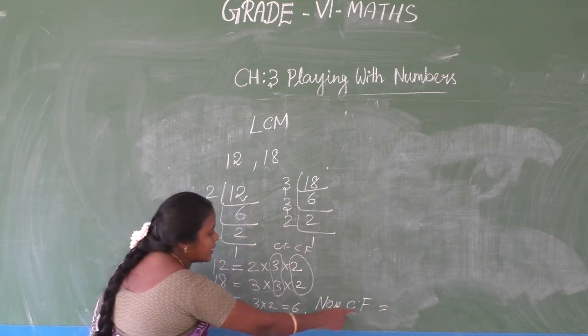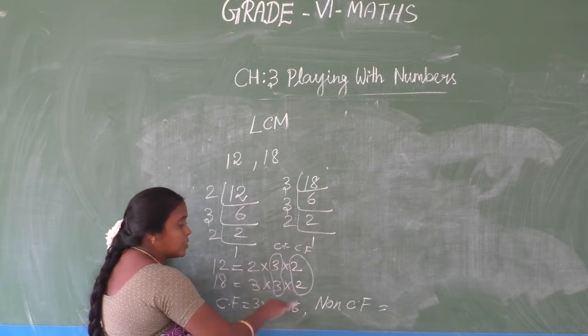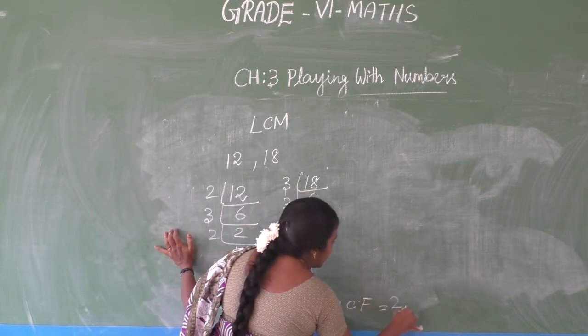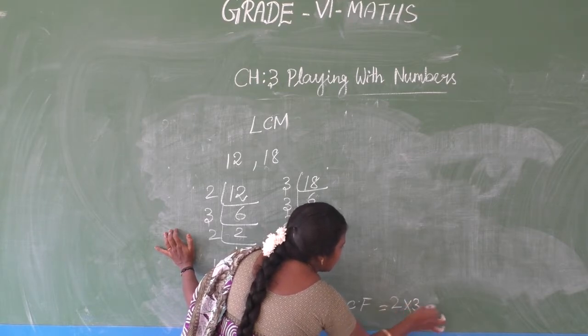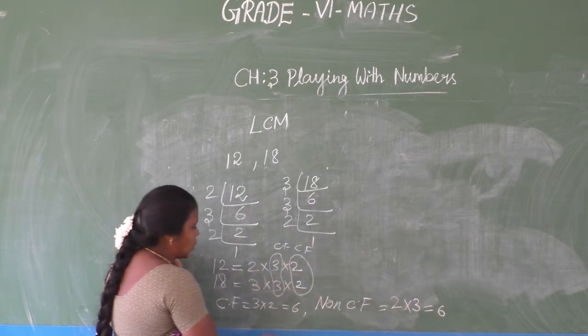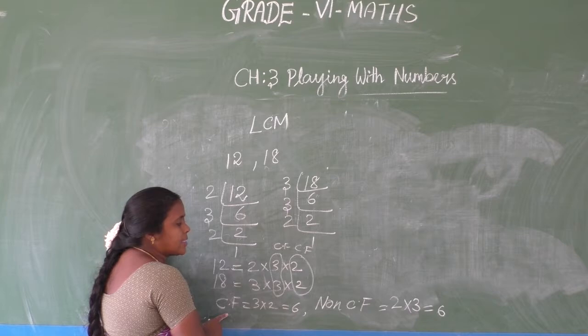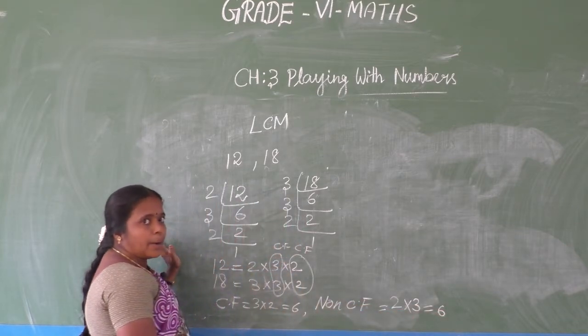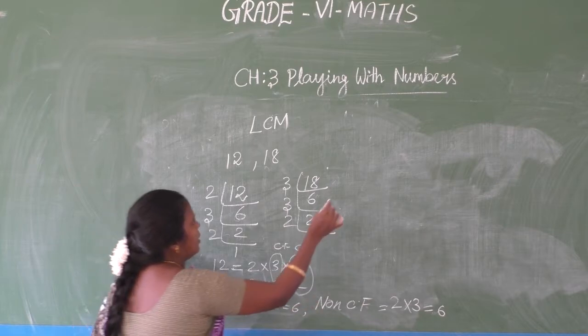So we have to select and write the non-common factors also. What are those numbers? 2 and 3. Find that product also, 6. So the common factor product is 6, and the non-common factor product is also 6. Now we have to multiply.